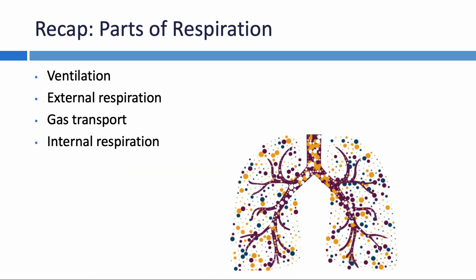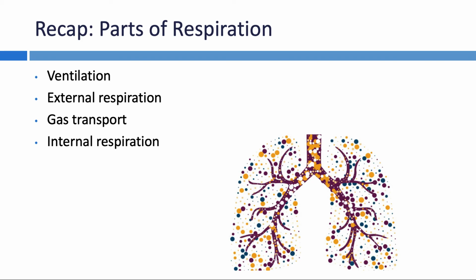So again, ventilation gets air into and out of the lungs. External respiration is the transfer of gases between the lungs and the blood. Gas transport is circulation of blood throughout the body, and internal respiration is the transfer of gases between the blood and body tissues.